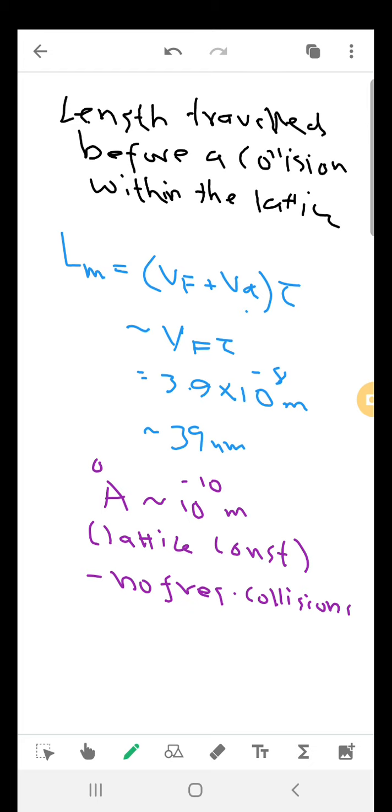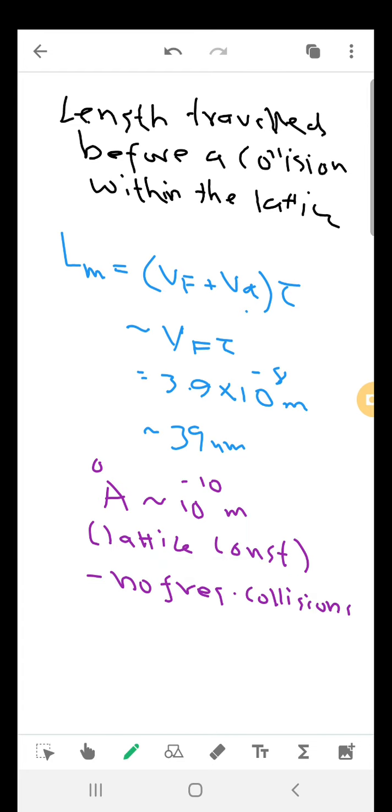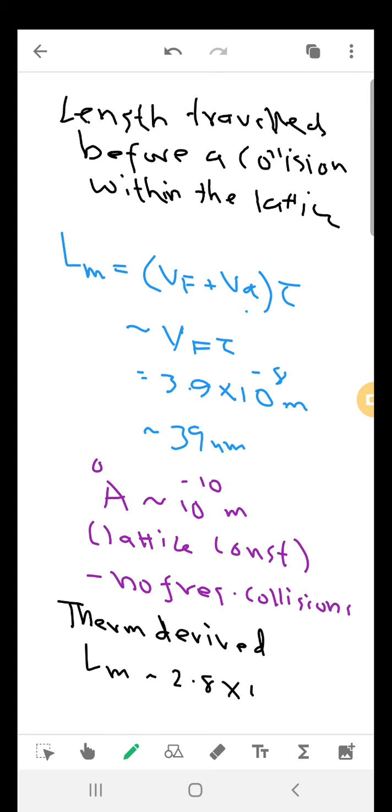Whereas the thermally derived mean free path is of the order of 2.8 into 10 to the power minus 9 meters, that is 2.8 nanometers, which is quite less compared to this drift length.